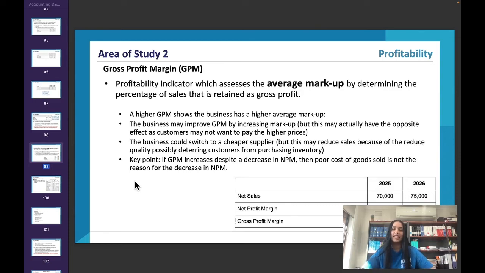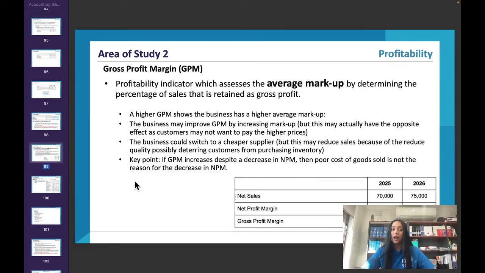So it's tricky to talk about markup, and in your theory questions you need to understand those intricacies and understand that markup and gross profit margin is not simple. It's not just that high markup is good, because if your markup is too high, you could lose customers.